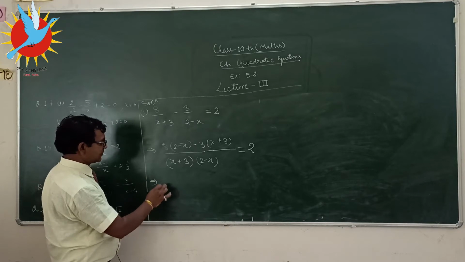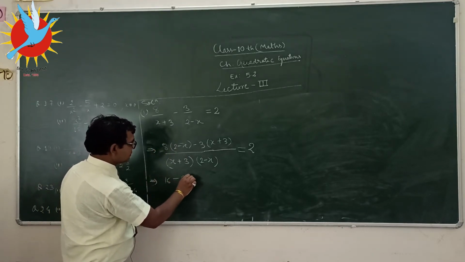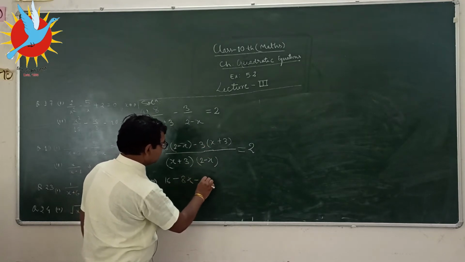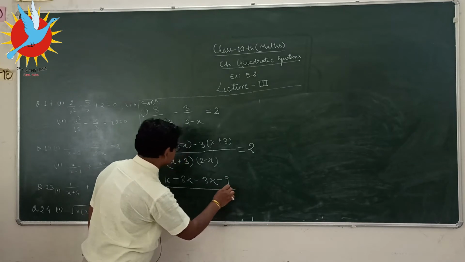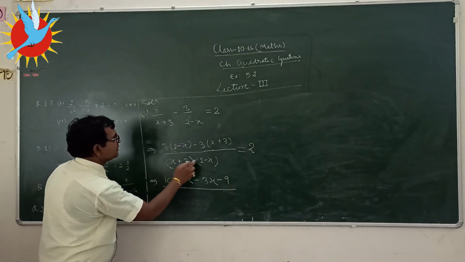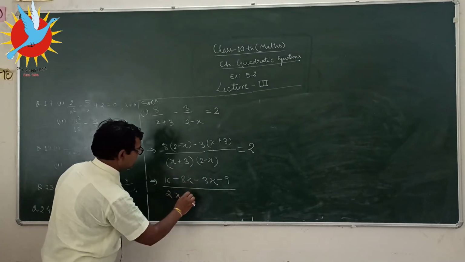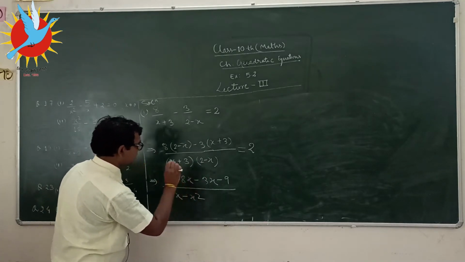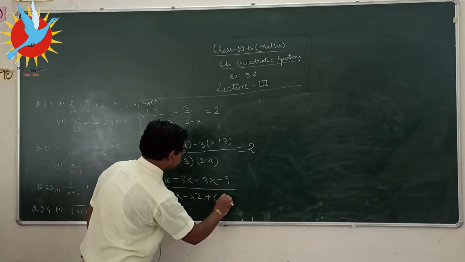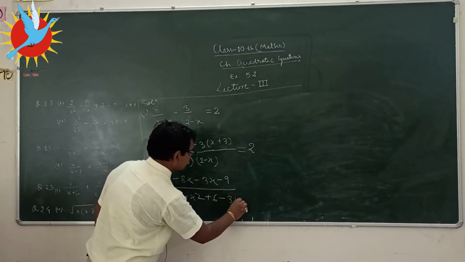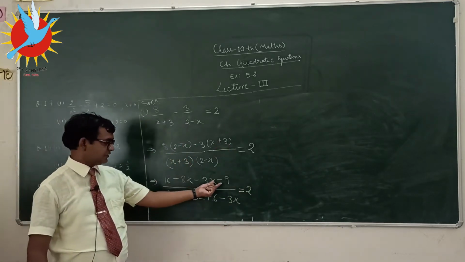We have 8 into 2, 16 minus 8x minus 3x, 3 threes are 9, minus 9 over. Multiply x into 2, 2x, x multiplied to x minus x square, and 3 to 2, 6, and 3 to minus x, minus 3x, and this is equal to 2.